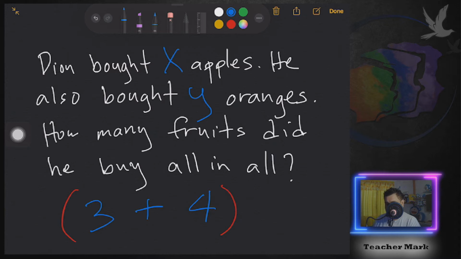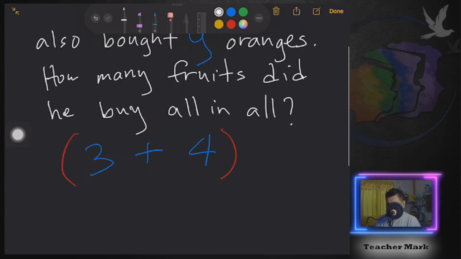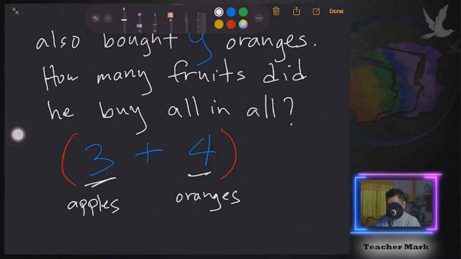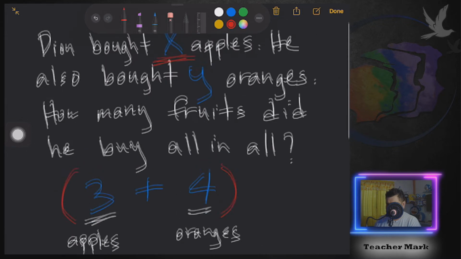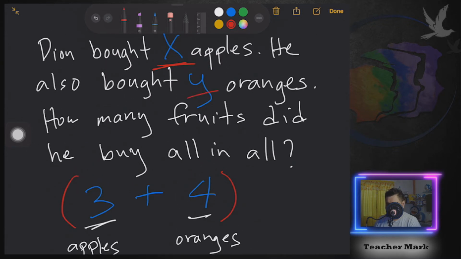Okay, to take note earlier, this 3 refers to what? Our apples, the number of apples. And this 4 refers to what? The number of oranges. But now as you can see, the value of apples is equivalent to x and the value of oranges is equivalent to y.